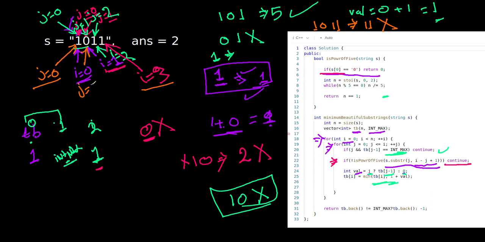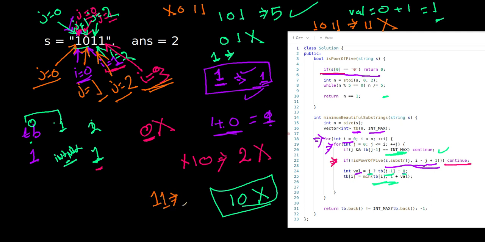J equal 1, we have the substring 0 1 1 from j to i, and this has a leading 0. J equal 2, the substring from j equal 2 to i equal 3 is 1 1.